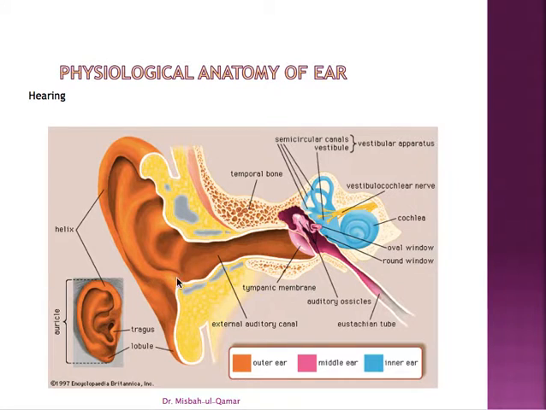Now the whole structure is embedded in the temporal bone, which has an important structure, the mastoid process. And I will tell you the function of the mastoid process also, which is involved in hearing to some extent. I will give you a little detail of these parts now.